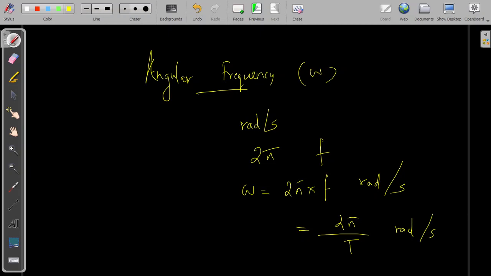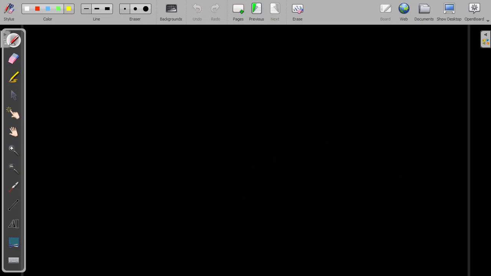The next terminology is alternation. Alternation means one half of the cycle.